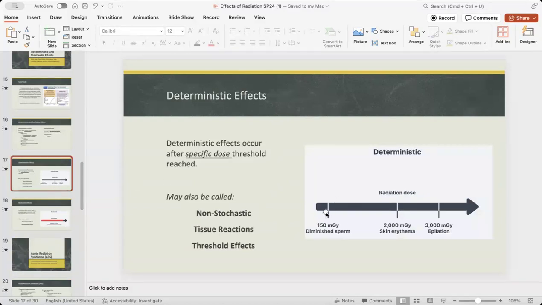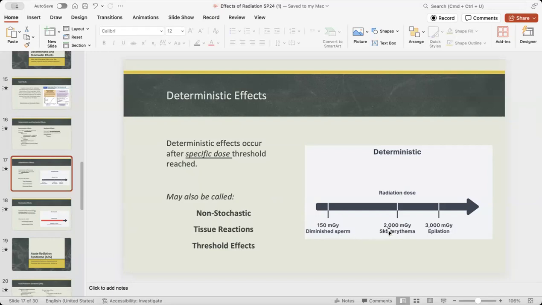We have a table here to show us that deterministic effects occur after a specific dose threshold. After a specific dose has been reached, there may be some type of effect. The table shows us that at about an exposure of 150 milligray, males may experience diminished sperm count.